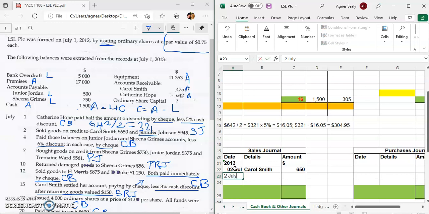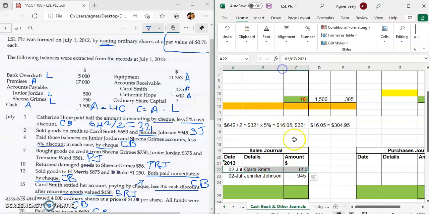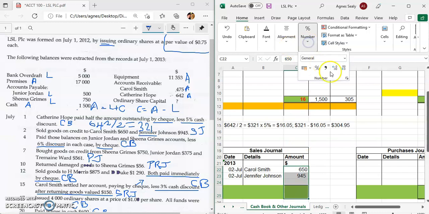Also on the 2nd of July, sold to Jennifer Johnson, $945. So in our sales journal, we're recording the name of the person and the amount that was sold to them.